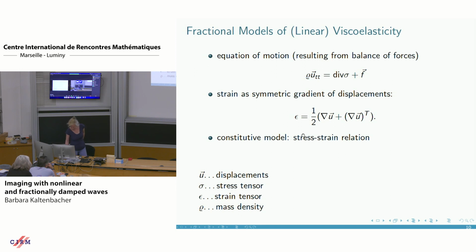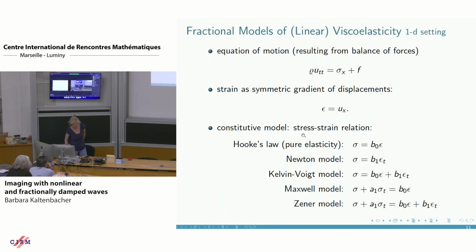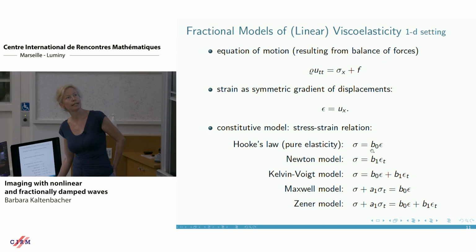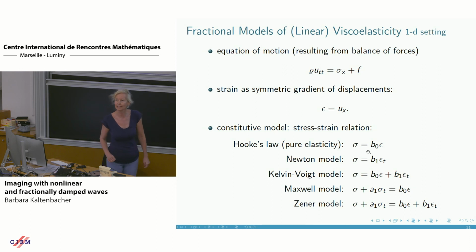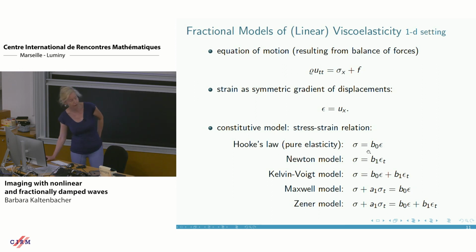First of all, let me start off with integer models. And here's a list. The first of these is the classical Hooke's law, which just gives a linear interrelation between stress and strain. I've written down everything in 1D, in order not to be bothered with tensors and so on. So we just have this linear relation between stress and strain. It's classical elasticity.